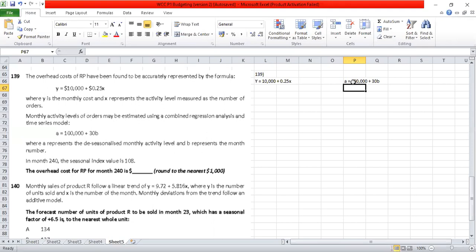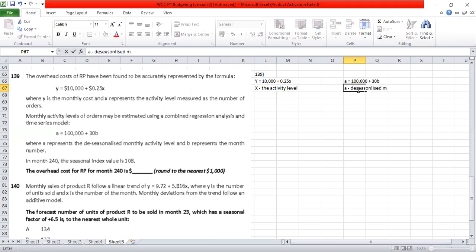First, we need to find out what X, the activity level, is. If we know the activity level, that will be substituted here to find the overhead cost. From this equation, A represents the deseasonalized monthly activity.